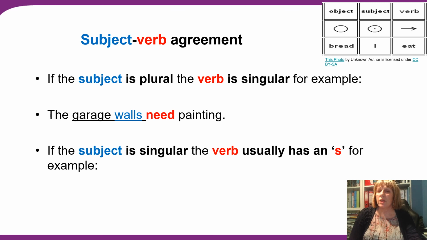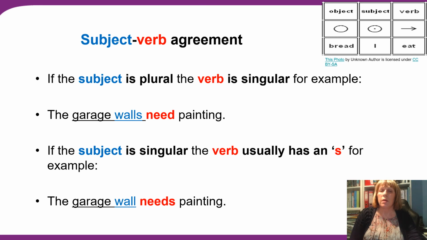So if the subject is singular, the verb usually has an S. The garage wall, now we're only talking about one wall, needs painting. Look at the difference between those two sentences so that you can think about how you write the subject and verb and how your written sentences have subject-verb agreement.